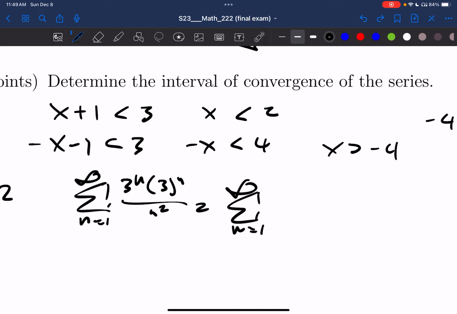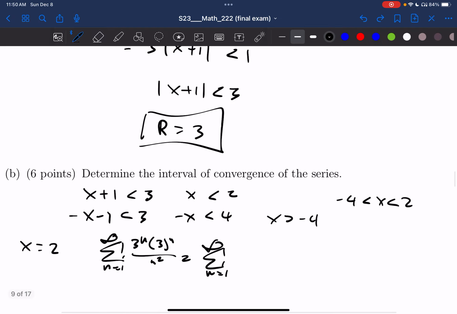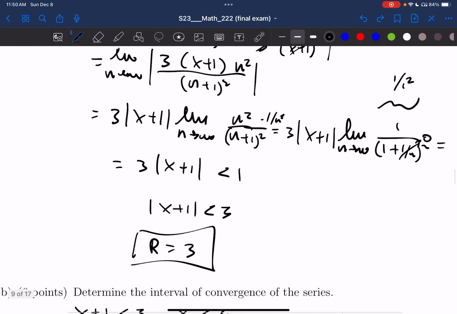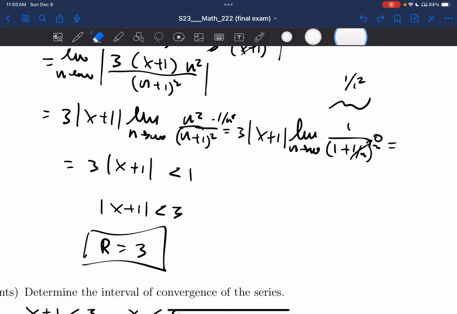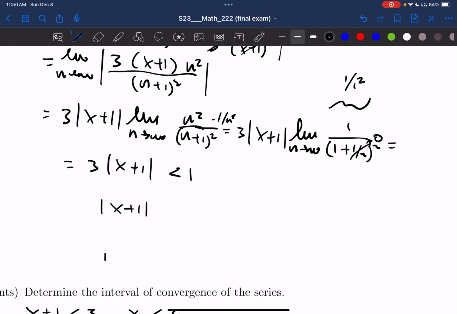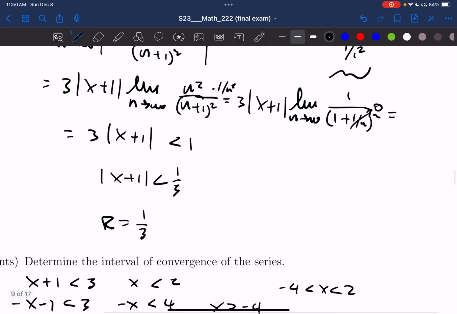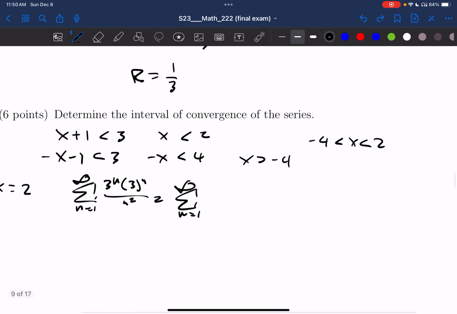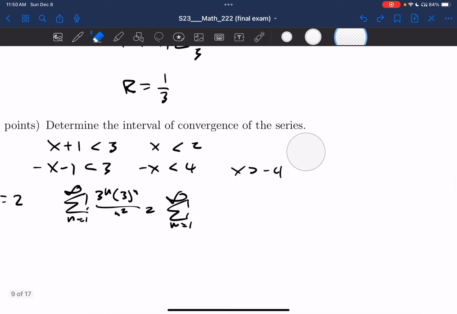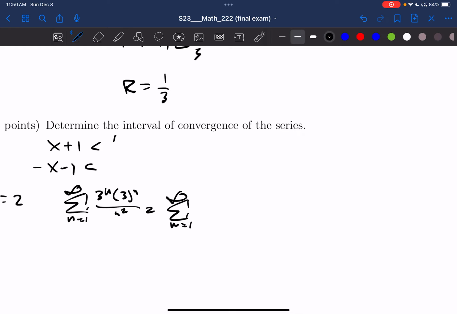This seems weird. Did I do something wrong? I must have done something wrong because they should not be like this. Okay. Basically, here, the radius of convergence is equal to 1 over 3, because you take this and divide it over. So this justification is all wrong. This is all wrong. So we need to redo this.